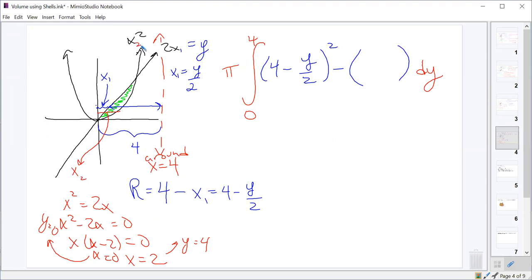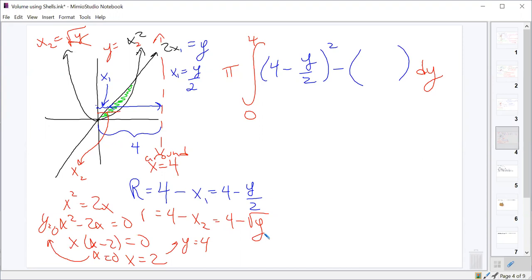That comes from y equals x sub 2 squared. Well, that radius, the inner radius, ought to be 4 minus x sub 2, which ought to be 4 minus, well, what does x sub 2 equal? Root y, exactly. 4 minus root y.